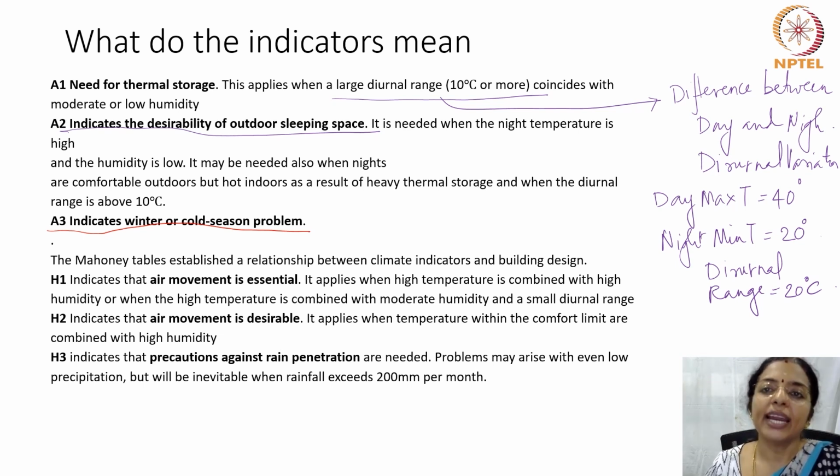It applies when temperature within the comfort limit is combined with high humidity. H3 indicates that precautions against rain penetration are needed, and problems may arise with even low precipitation but will be inevitable when rainfall exceeds 200 mm per month.